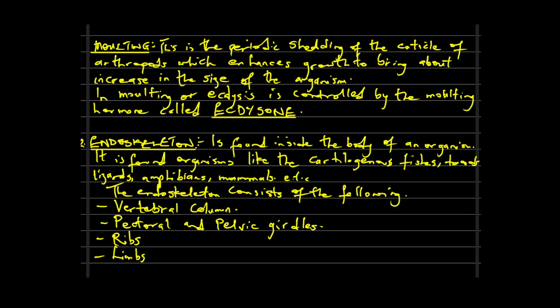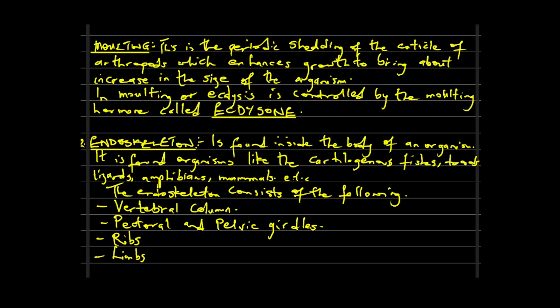When we talk about endoskeleton, we talk about the vertebrates. So in the vertebrates, what are the two major types of endoskeleton that we have?